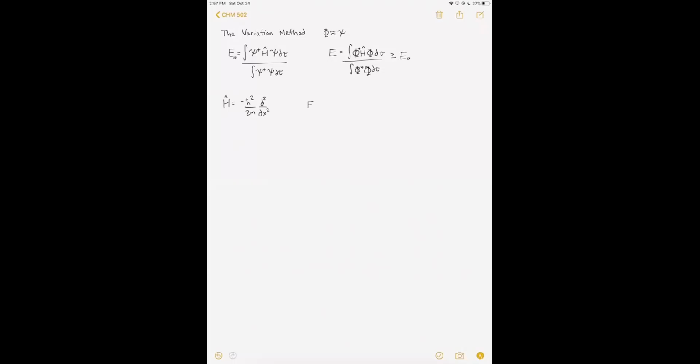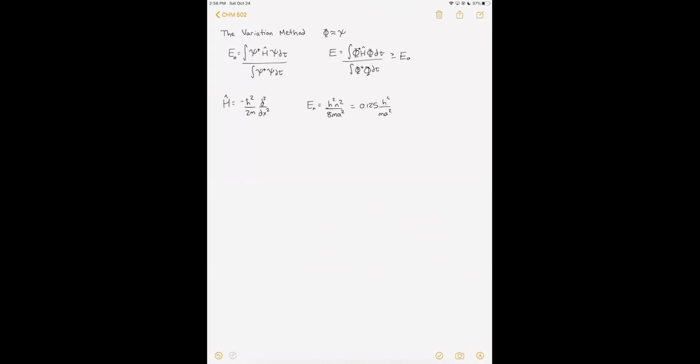And the energy values as a function of n are equal to h squared n squared over 8ma squared, or 0.125 h squared over ma squared for our first level of n equals 1. So we can attempt to solve this with a trial wave function, and what we should see is that our value is greater than 0.125 h squared over ma squared.